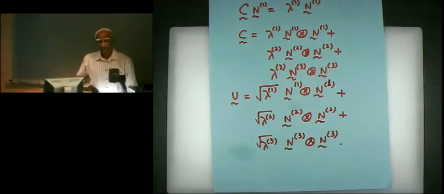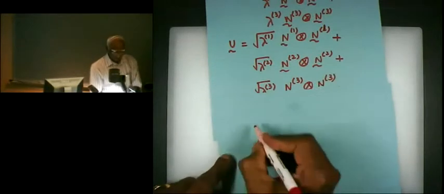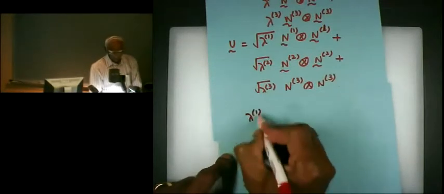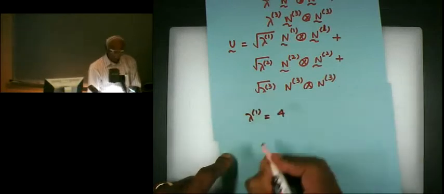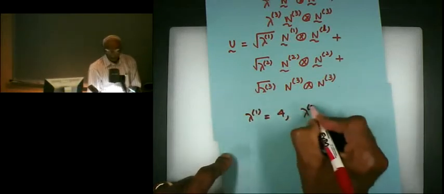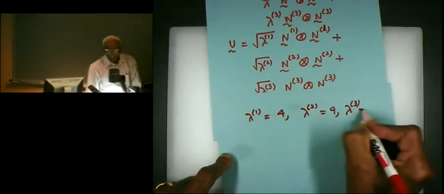Could you do a quick example of a tensor product with a symbolic vector like a1, a2, a3, and then b1, b2, b3? Okay, so let's assume that lambda 1 is say 4, lambda 2 is 9, and lambda 3 is say 25.